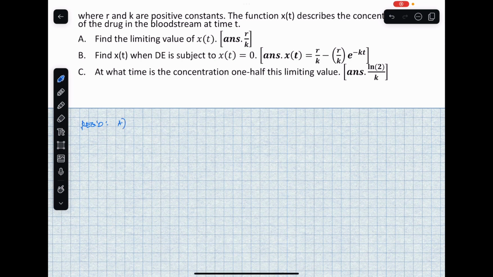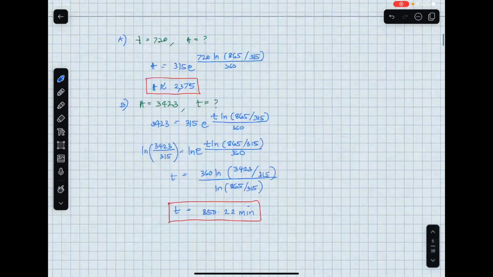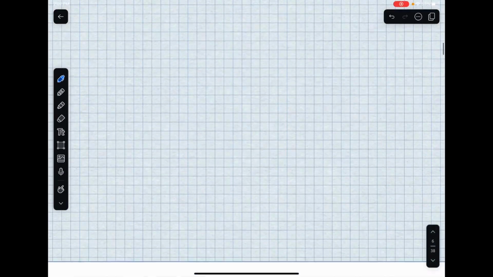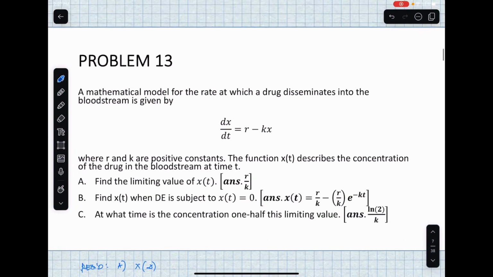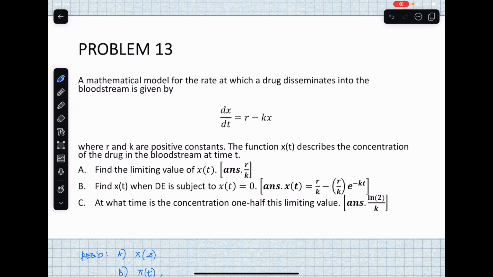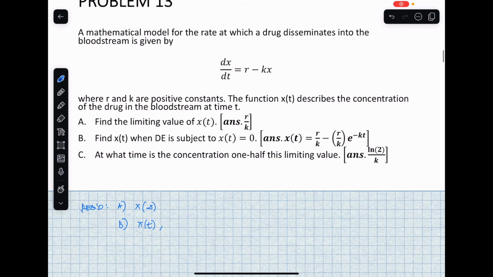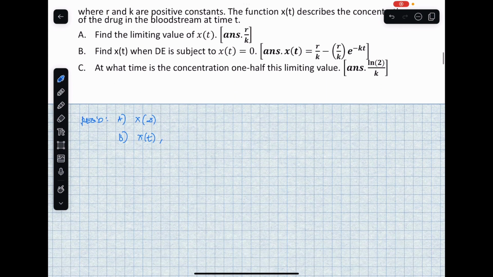So what is the limiting value of x of t? That means at time of infinity. The second one, what is x of t? What's the function for x? Given that initially, time equals to 0, subject to x of t is equals to 0, that means when time equals to 0, x is 0.